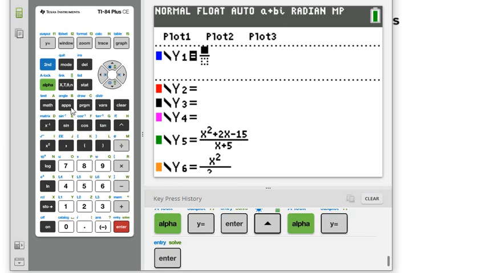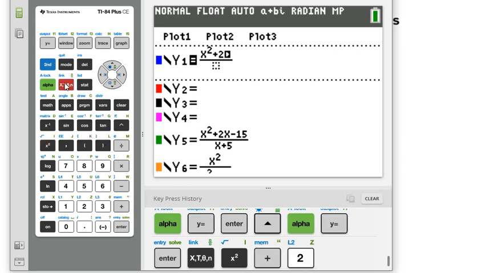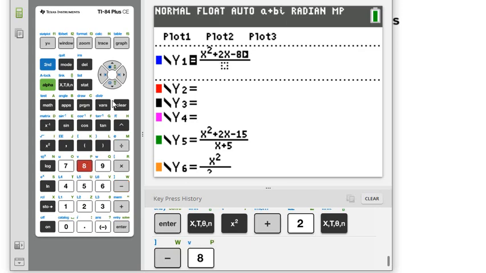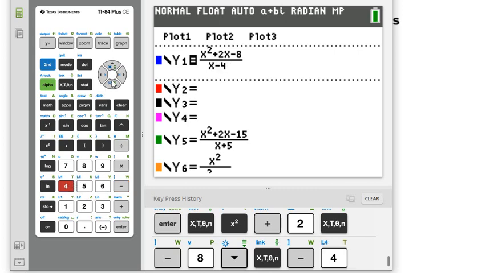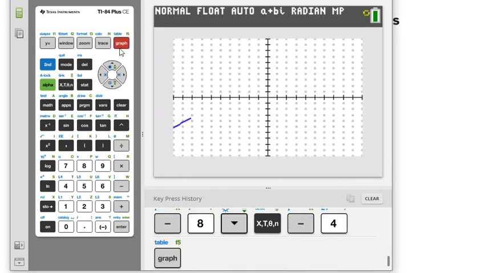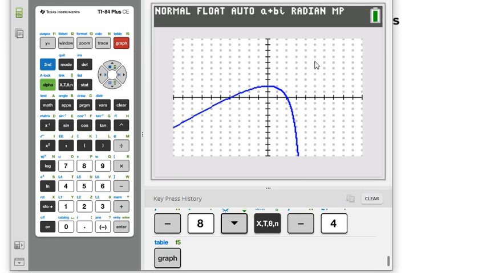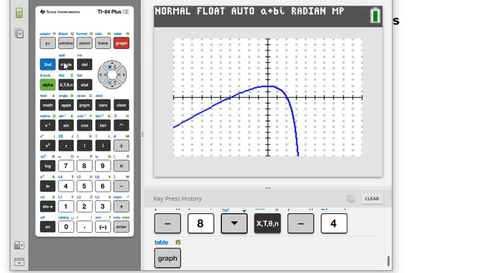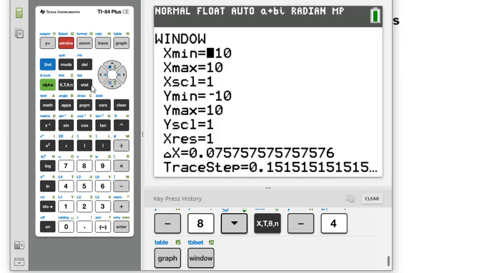So if we put answer choice A here, which is x squared plus 2x minus 8, and we divide that by x minus 4, and we graph this, what we see is, and we can't see quite far enough to the right. Let me go ahead and change the window a little bit to get a better view here.